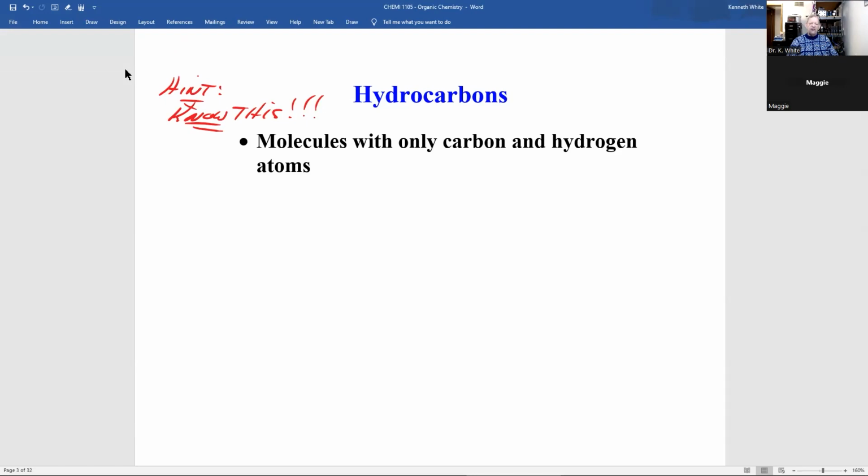Those are molecules with only carbon and hydrogen atoms. If you've been following all the news about pollution over the last decade or longer, one of the key sources of pollution are hydrocarbons. And those are molecules that only have carbon and hydrogen atoms.